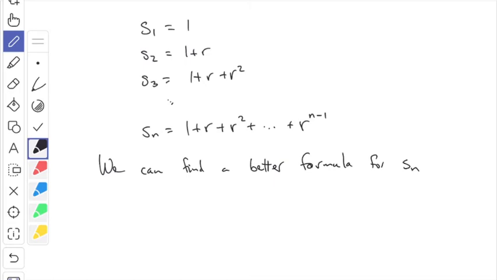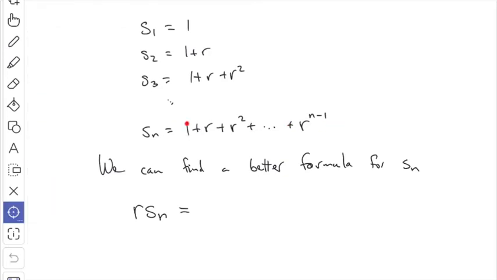All right, and here's the trick. First of all, instead of considering Sn, I would like to consider r times Sn. What do you get if you do r times Sn? Well, that's easy enough. Using this formula for Sn, I can multiply through everything by r. The effect is to increase the exponents by 1 every time.